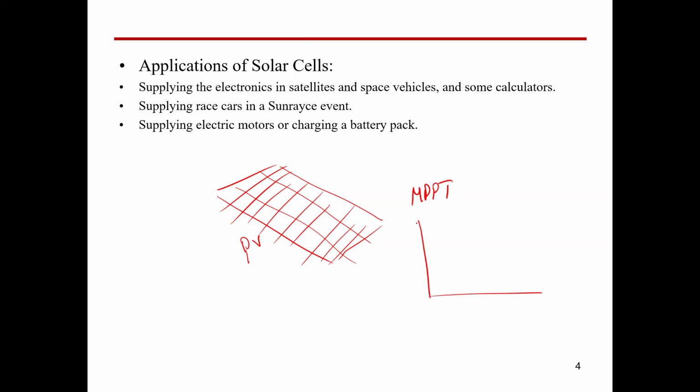So your PV panel will have a characteristic like that. This is I, this is V, and with voltage and current changing, you need to achieve the maximum power point, which is around this point. So with the different characteristics, how can you achieve this maximum power by controlling this point?